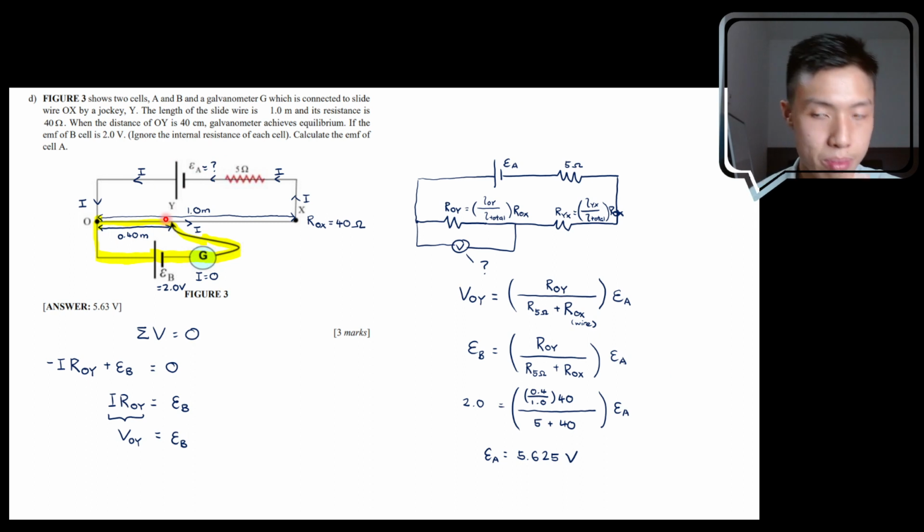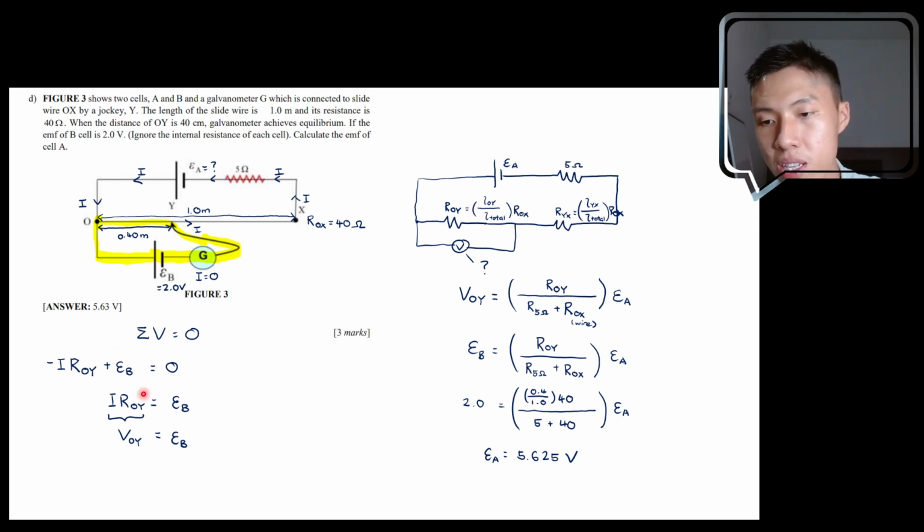So one thing I would like to say is that it is important that you are able to find this relationship over here, because this relationship changes depending on how the circuit is installed. So let's say if this battery over here has internal resistance, then you have to consider the internal resistance when you are doing your sum of V equals 0 over here.